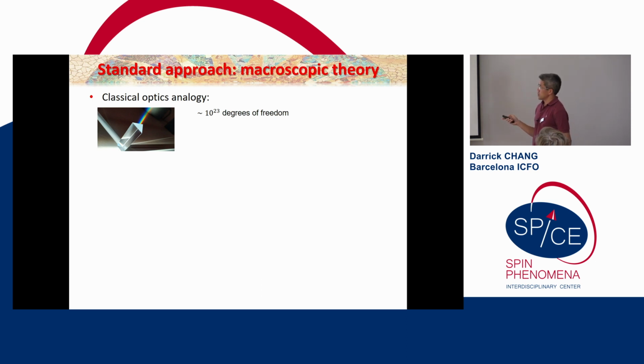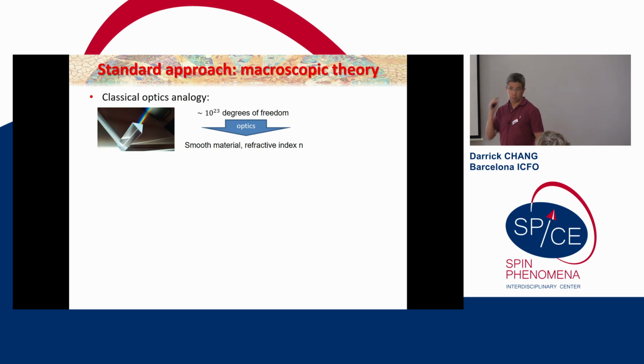But then when we open up an optics book to understand how a prism works, we're not solving 10 to the 23rd equations. Why not? Because in optics, we say that the microscopic properties are somehow more or less decoupled from the macroscopic optical response. So the macroscopic response is only tied to a single number, the refractive index. And once I know the index and the shape of the prism, I can tell you perfectly how that prism is going to behave.